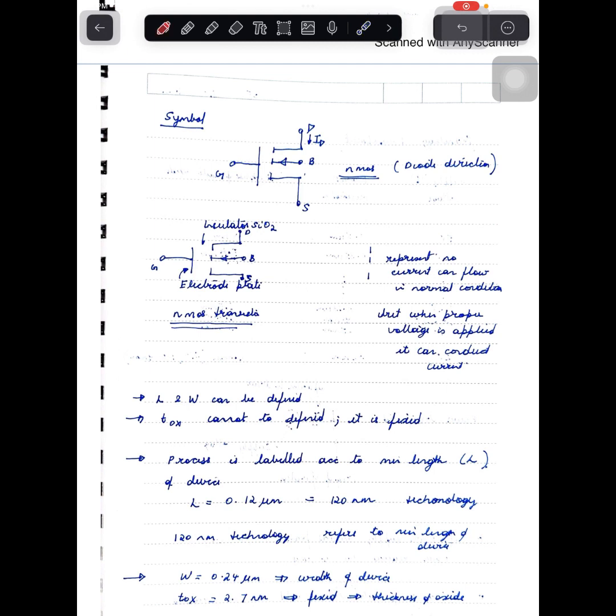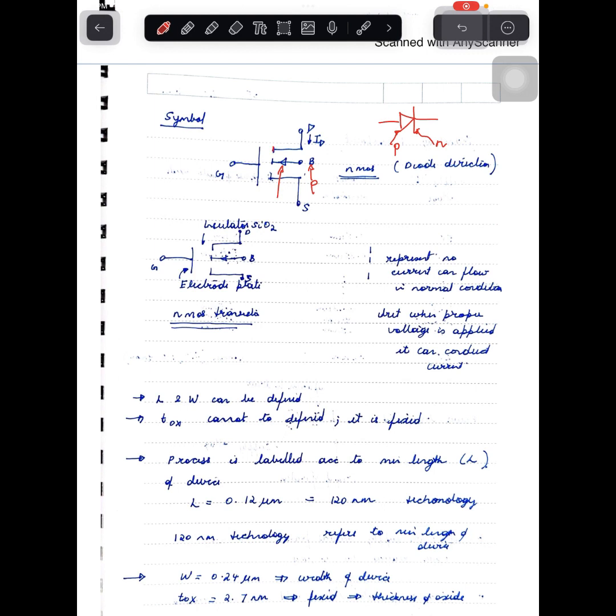We know that this is the symbol of the diode, and this represents the P region and this represents the N region. So this symbol represents that the bulk is the P region. If the bulk is a P substrate, then it is an NMOS. So this is the symbol of an NMOS and the diode direction is like this.